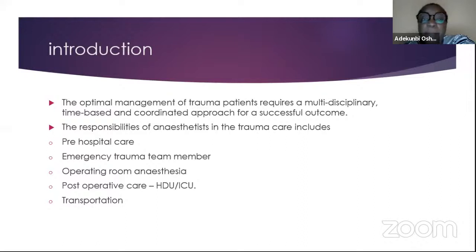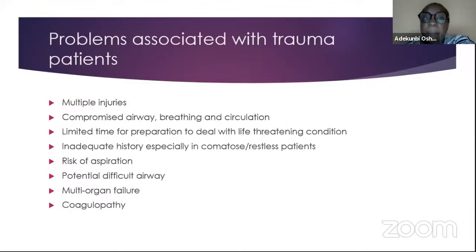At the site of the trauma, being able to maintain the airway of this patient, providing pain control for them; in the emergency room, being part of the emergency trauma team, being able to even sedate them, be able to go for various procedures to be able to have definitive management; being able to provide anesthesia for this patient in the OR, and also post-operative care of this patient, either in the high dependency unit or the intensive care unit; and also transportation of this patient, whether through ambulances or air transport, or definitive care in other institutions.